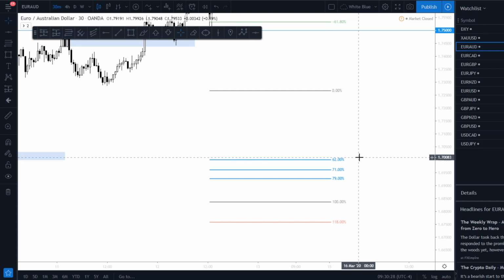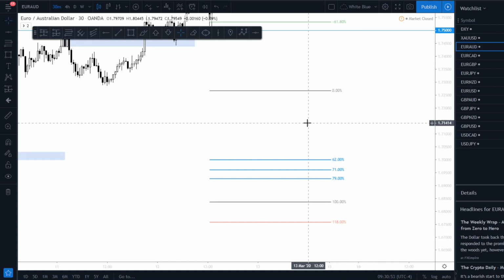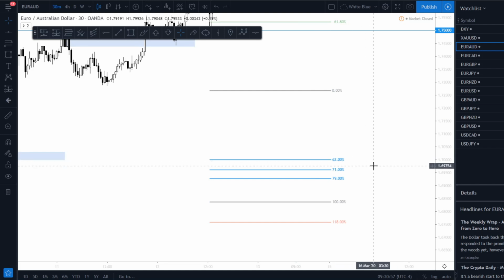Try and split it up between these two, 62% and 71%, because again, like I was saying earlier, is it worth saying, right, I'm only going to get in on the 71%, if it goes to 62 I'm not going to get in, and it goes to 62 and reverses perfectly and it's a winning trade? Was it worth that tiny little amount just to get it at the 71 and not 62? I guess that's down to you to decide, but for me, I like to split it up.